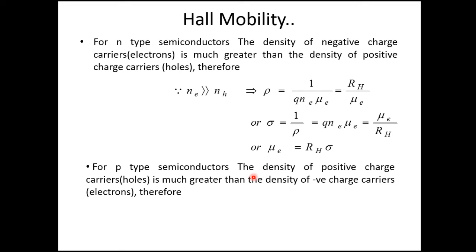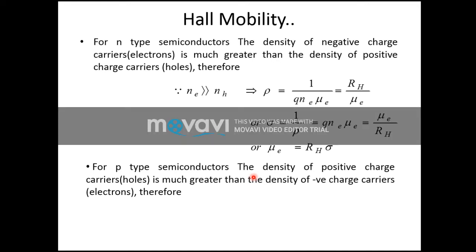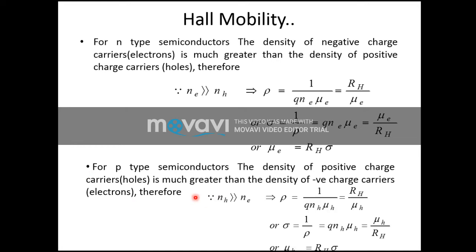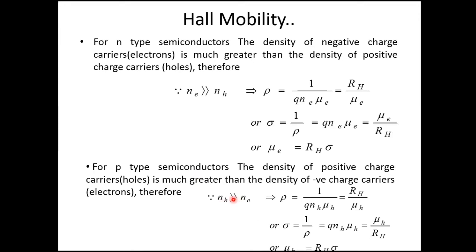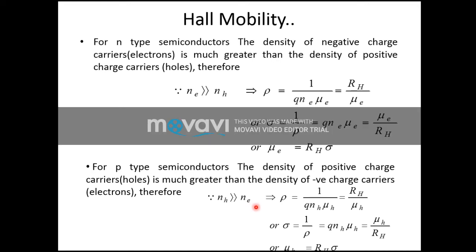For p-type semiconductors, the density of positive charge carriers, that is holes, is much greater than the density of negative charge carriers, that is electrons. Therefore, you can see here NH is much greater than Ne. So the term in the previous slide which is containing Ne can be ignored.